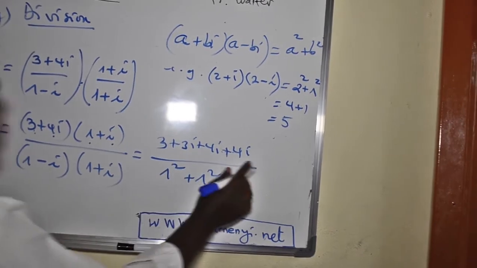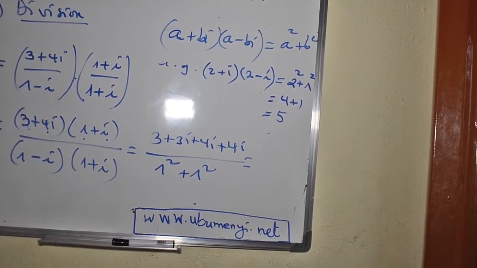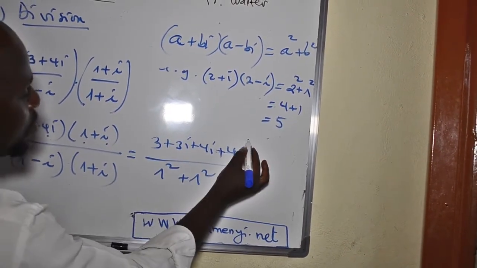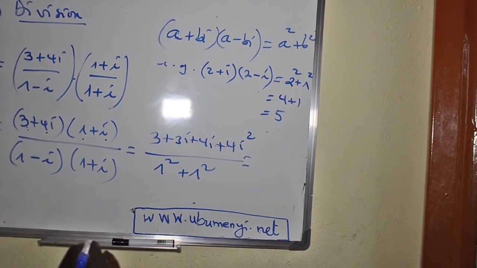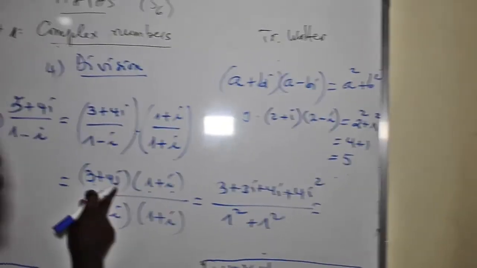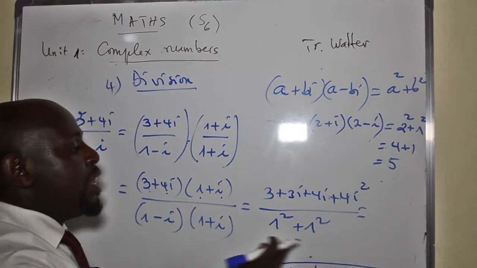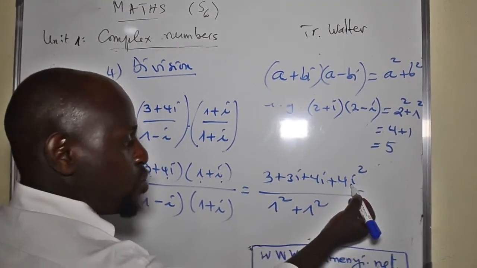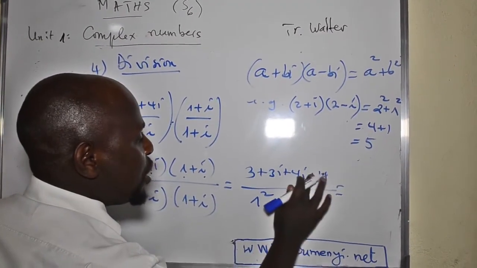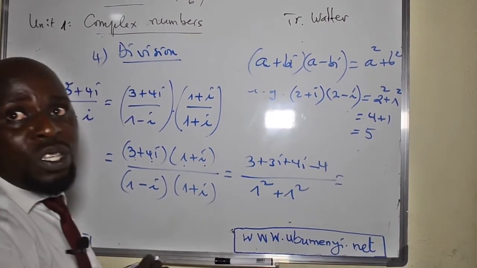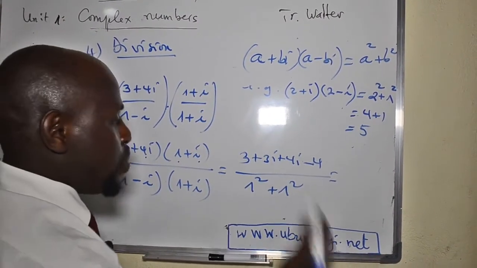Now if we simplify, it should have been 4i squared, because it was 4i times i. And when we have i squared, we can immediately change it to -1, because i squared equals -1, to make things simple.